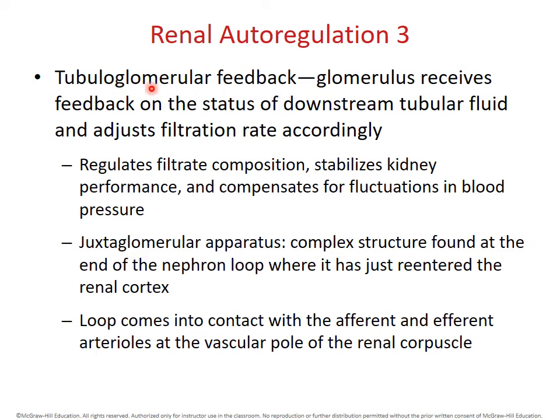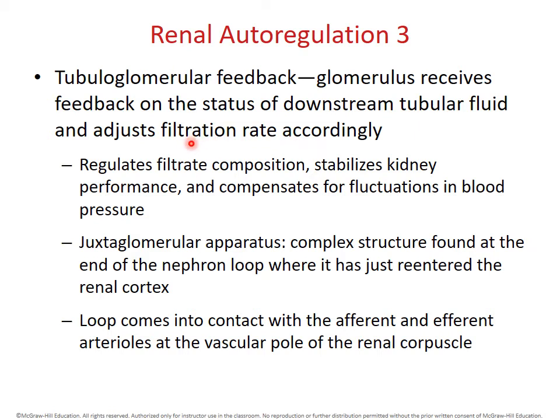In tubuloglomerular feedback, something that's happening in the tubular portion of the nephron is going to feed back onto the glomerulus and affect glomerular filtration rates. And so that's what we're seeing here. It says the glomerulus receives feedback on what's happening downstream in the tubular fluid and adjusts its filtration rate accordingly.